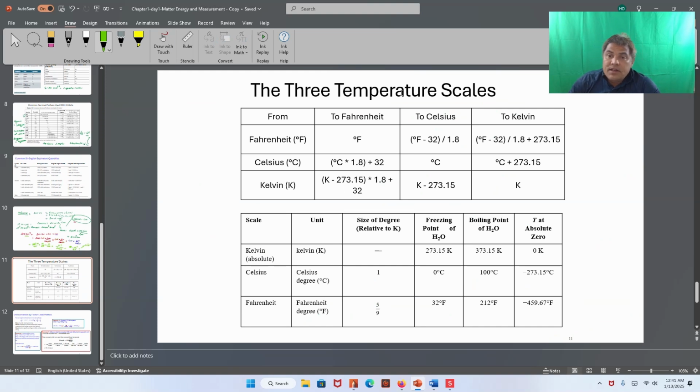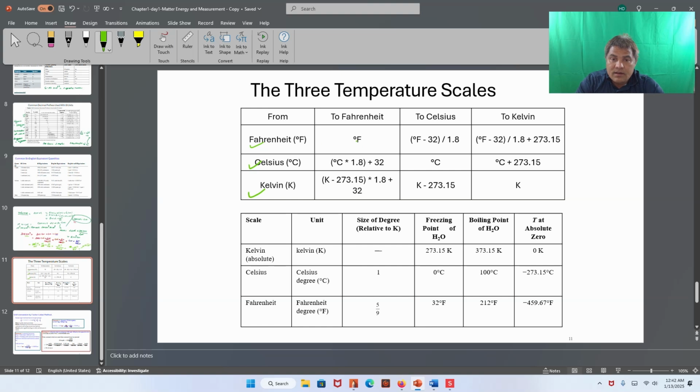Now let's go to the temperature scales. We have Fahrenheit, degree centigrade, and Kelvin. You see, we have three types of temperature units. This table teaches you how to convert one to another. For example, if you want to convert Fahrenheit to degree centigrade, look at that.